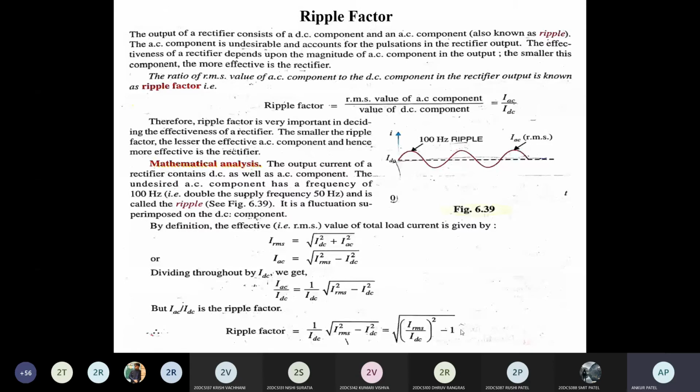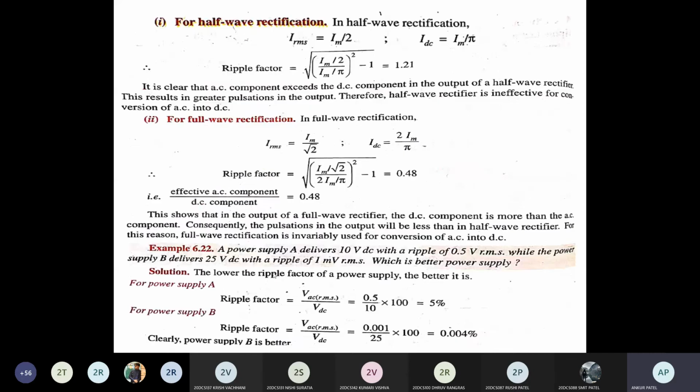Up to this, any doubt? So ripple factor we are getting here is under root of (I_RMS upon I_DC) whole squared minus 1.